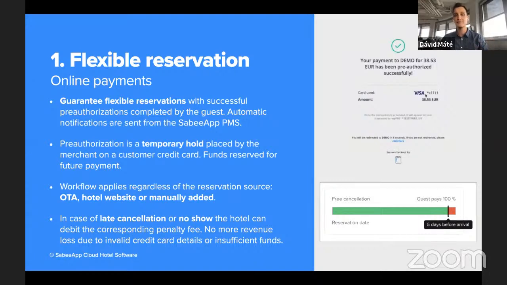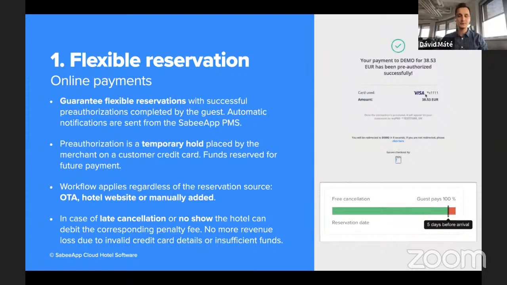that we have. So there's no revenue loss in case of late cancellation or a no-show, because we have the pre-authorization to back it up. Also, an upside is that we don't have to worry about incorrect or invalid credit card details, which is something that's happening constantly in the back office of hotels, where we are checking the validity of credit cards with sample charges like crazy to make sure that we have a valid guarantee.